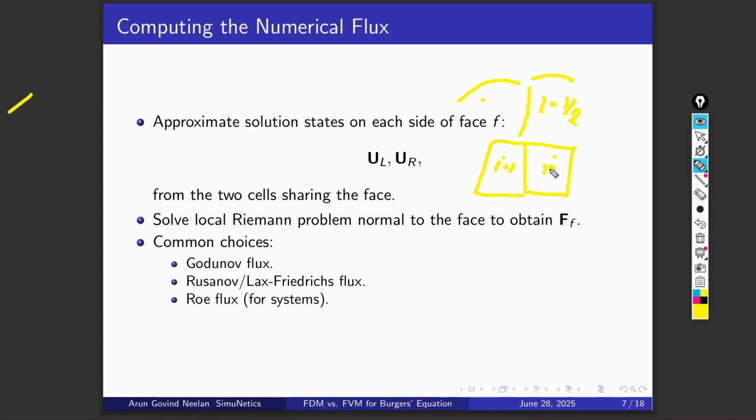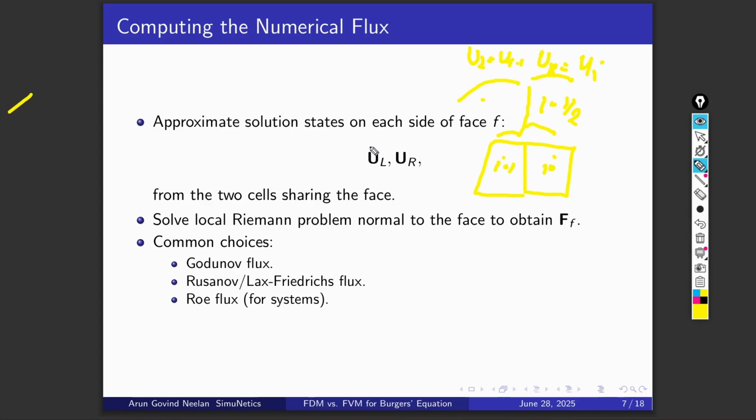If it is first order, UR is equal to UI and UL is equal to UI minus 1. This we call the first order flux calculation. Basically on this side and this side, we are not interpolating, just assigning.